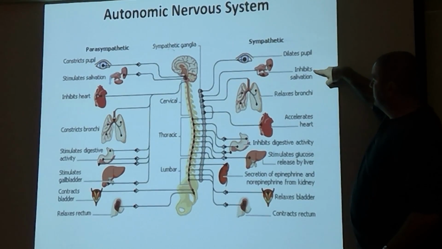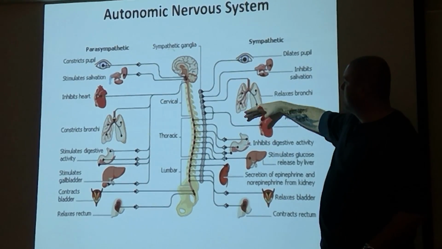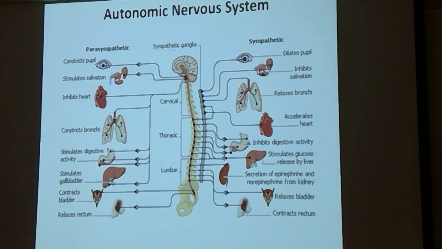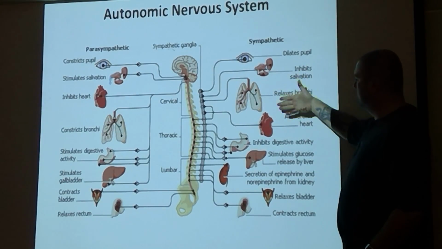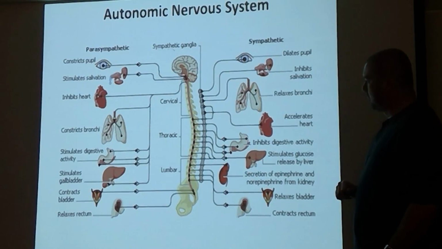Pupil dilation, inhibit salivation, open the bronchioles, increase heart rate. All that is due to epinephrine. Okay? So while it is under a direct nervous system control, the nervous system doesn't have to do these things because the endocrine system is going to take care of that for it. Okay?